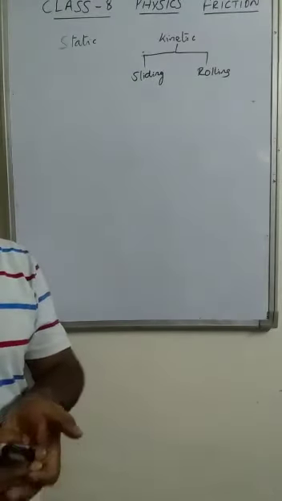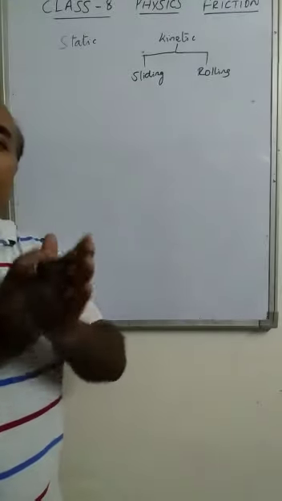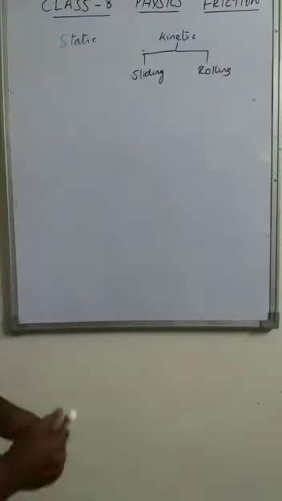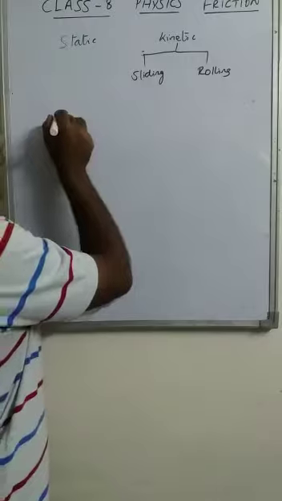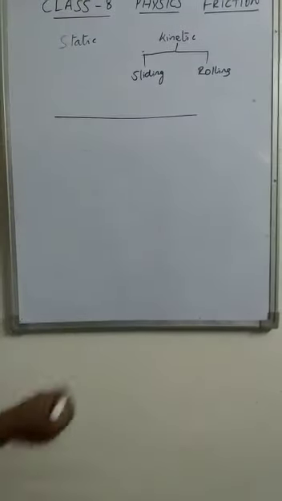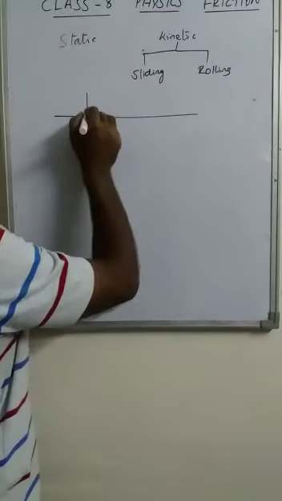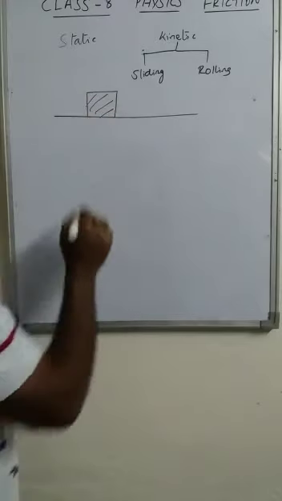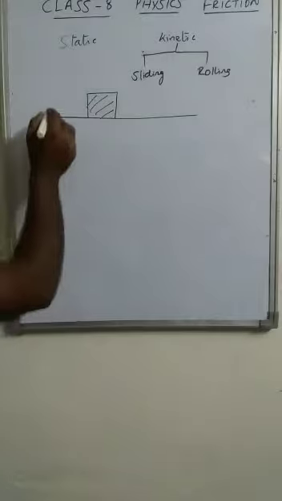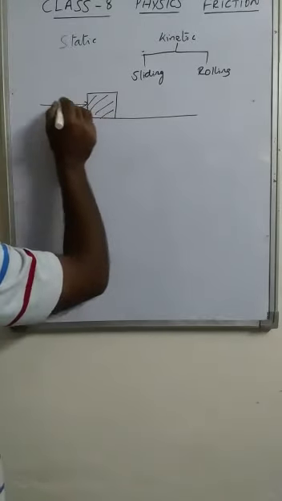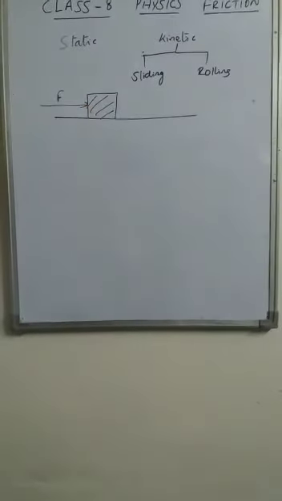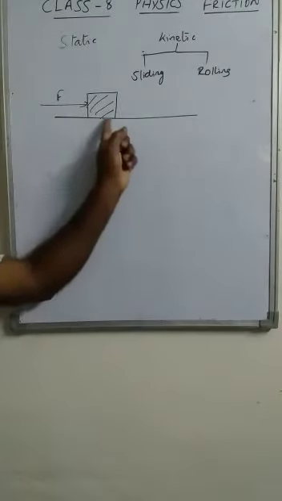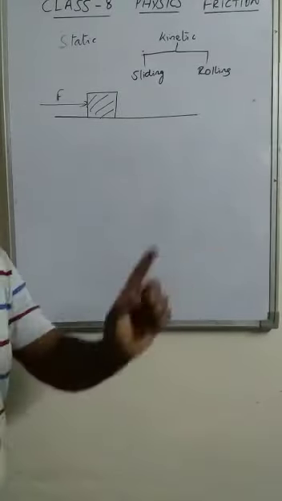Suppose we take a surface and an object placed on the surface. If we apply force, in the beginning the object is not moving because in between the two surfaces there is static friction.